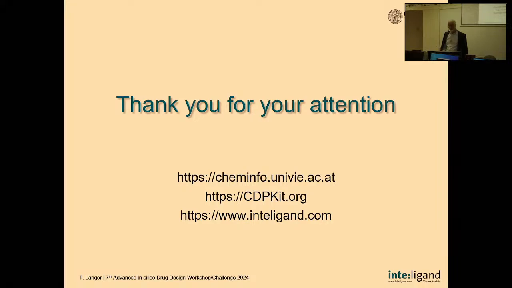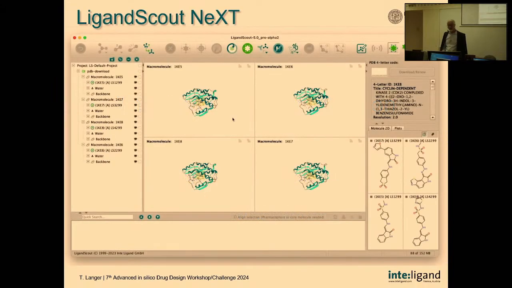I'm not sure if I have, yes, I have here a sneak preview of LigandScout Next. This is the software that we currently have in pre-alpha state, where we already have a new database format for high exascale screening.